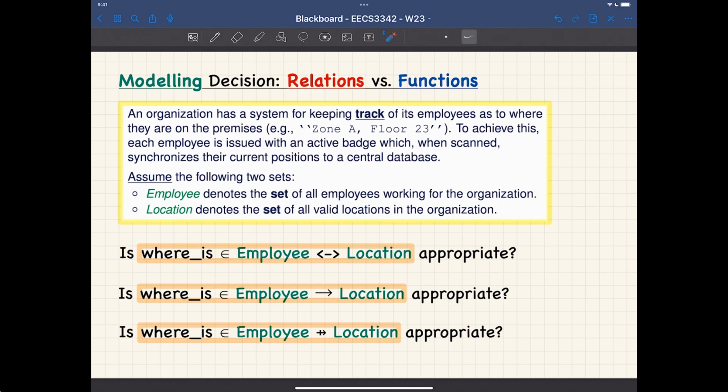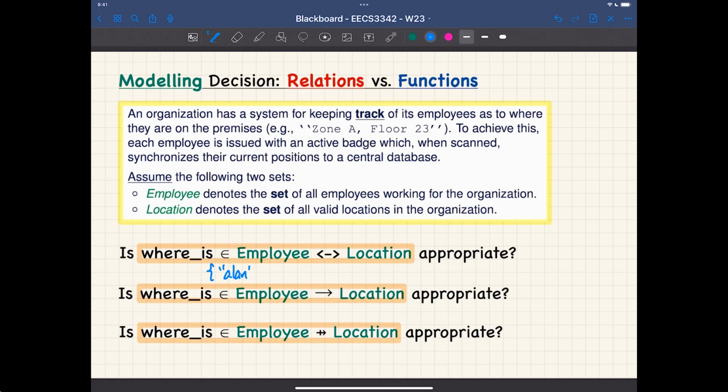Aha, very good. That sounds very awesome to me. So Ryan, you got a similar answer, I guess. Very good. Whenever you want to think about whether this will be a good modeling choice, you want to think about, is there any pair or subset that's allowed by this relation here that wouldn't make real sense? I can give you one example where it's a relation, but it doesn't make sense. Okay, let me give that to you. What if I have where is that looks like this?